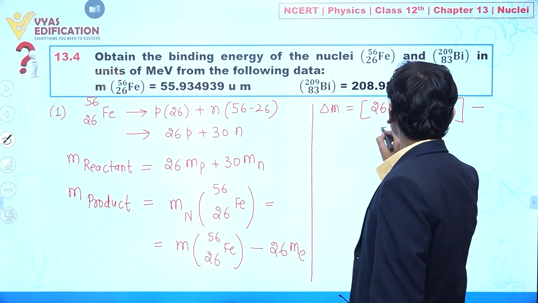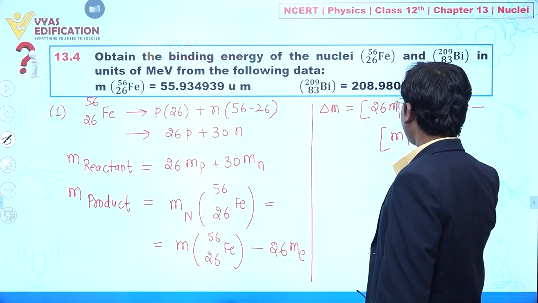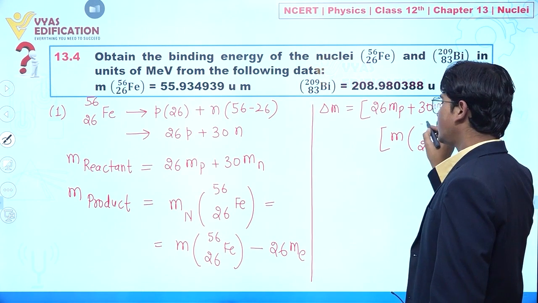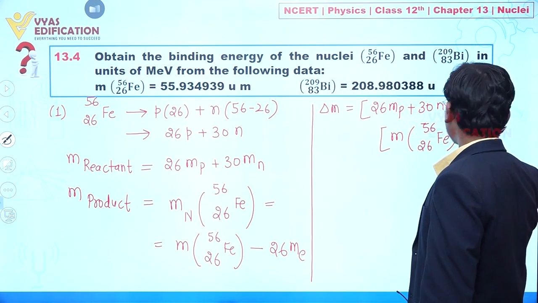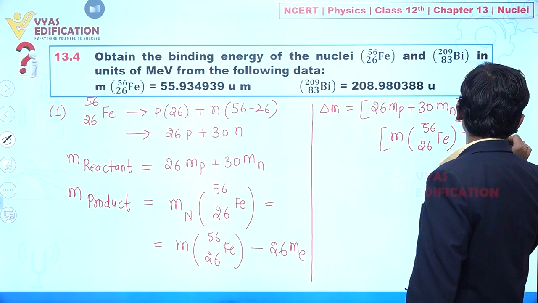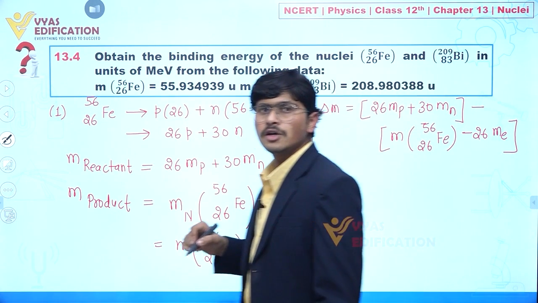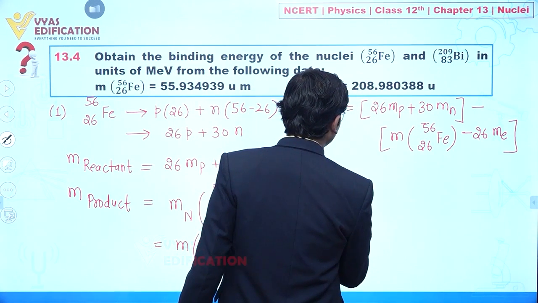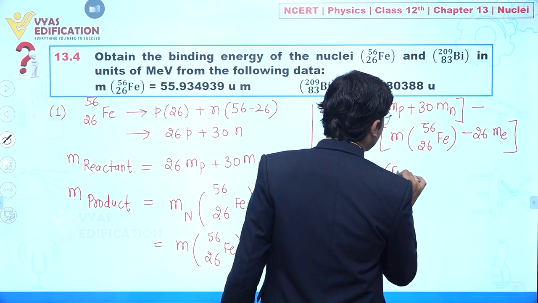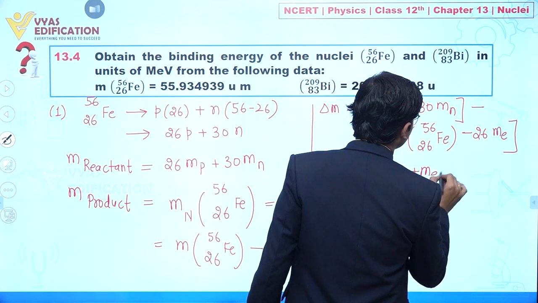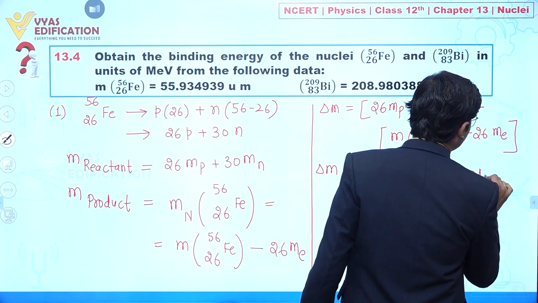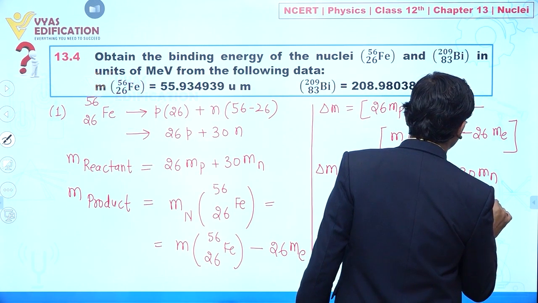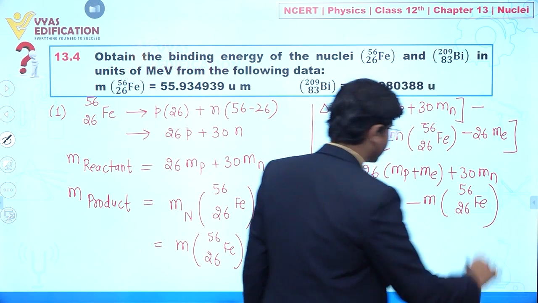So the mass of product we can write like this, m, this is the atomic mass of 26Fe56, clear, minus 26 me, the mass of electrons, clear. Now if you open it, you will find delta m equals 26 (mp plus me) plus 30 mn minus the atomic mass of 26Fe56.